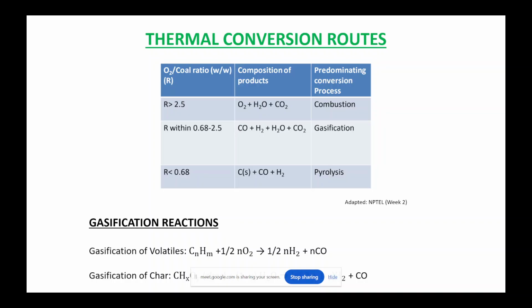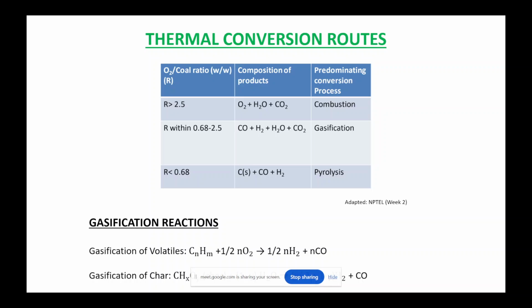So if you use oxygen, the gas that is produced is called syngas. If you use air, since the amount of nitrogen is going to be high in case of air, the gas that gets produced, or the produced gas, is called producer gas.